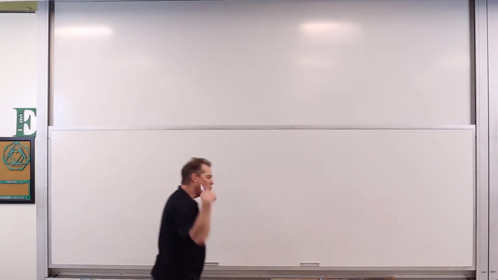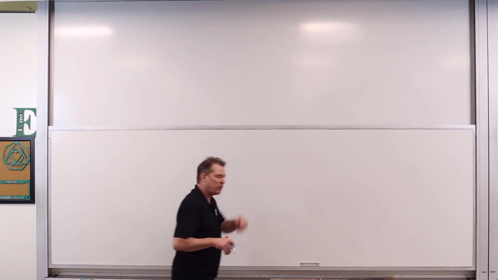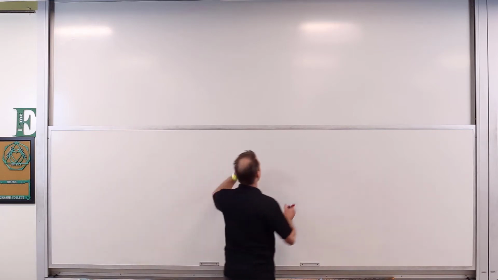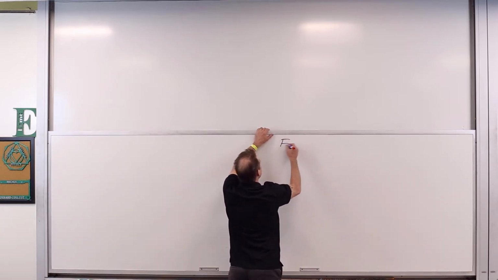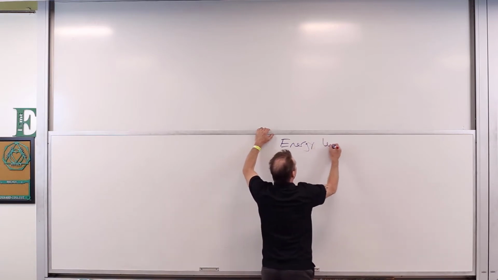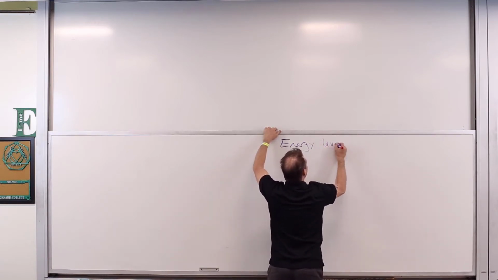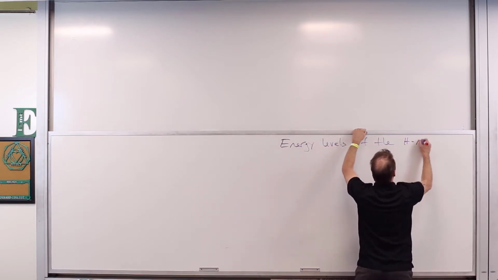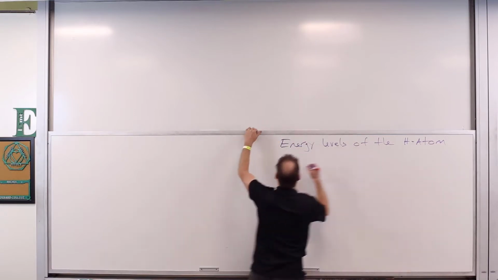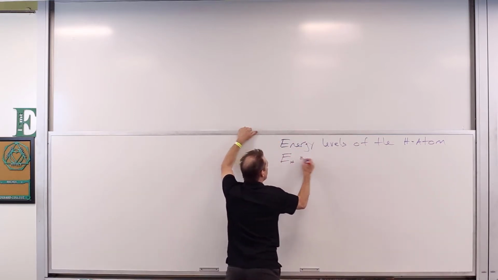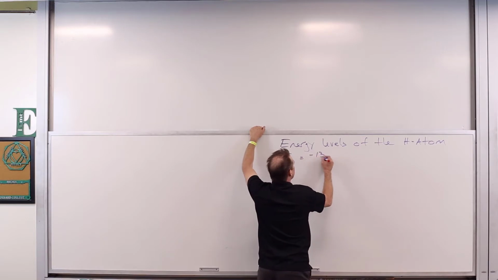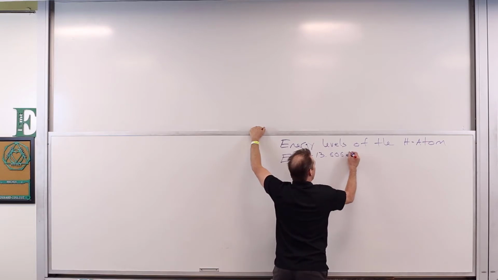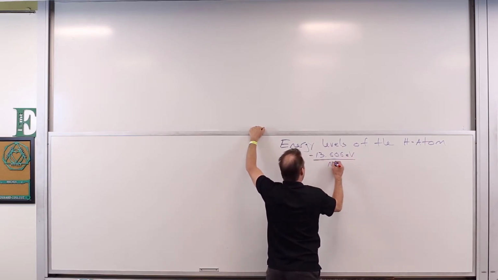But before we do that, there's one other way that we're going to look at this, which you generally see in the chemistry class. We almost got there last time, but we'll just finish this up here. So we had the energy levels of the hydrogen atom, E sub H, given by negative 13.606 electron volts divided by n squared.